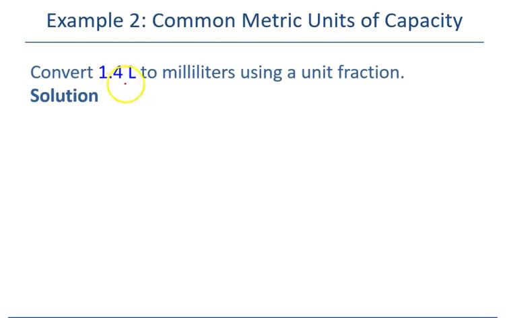Convert 1.4 liters to milliliters. So this is the guy we're keeping, so that's going to be our numerator. So we're going to do 1.4 liters times, well, since I know I want milliliters, I'm going to do the mL on top, and I'm going to put the L on the bottom here.